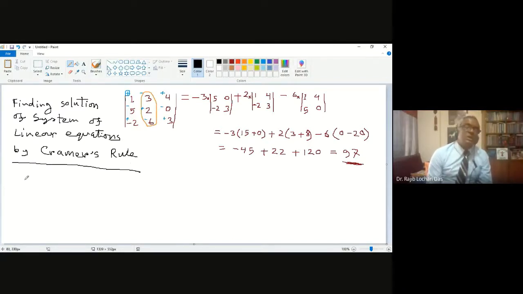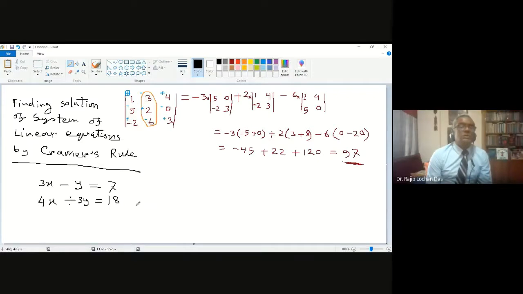Cramer's rule. Say we are taking one example like 3x minus y equal to 7, and 4x plus 3y equal to 18.